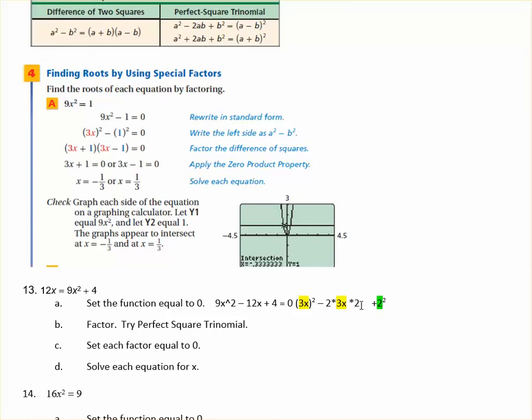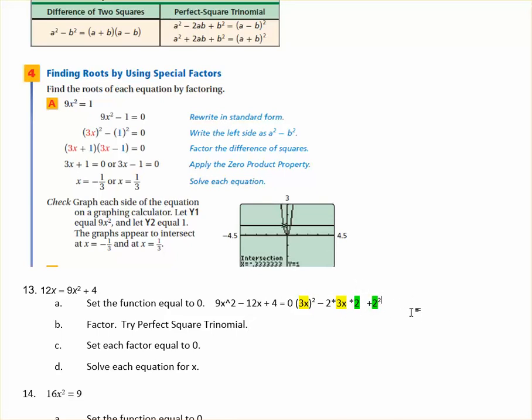I'll highlight that as well. There. So if we multiply those three parts together, 2 times 3x times 2, do we get 12x minus 12x? 2 times 3 is 6. 6x times 2 is 12x. So it does work. So this is in the correct form.